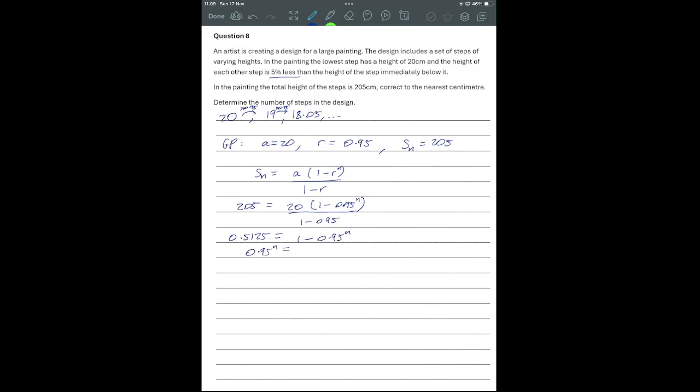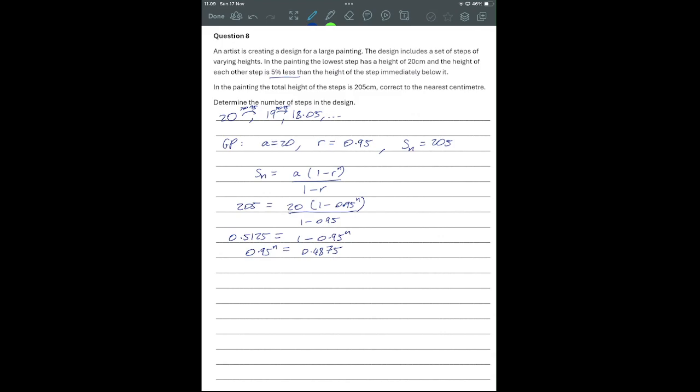Move the power and the 0.5 thing to opposite sides. It's 0.4875. Just making sure as I'm doing this I'm not making any unfortunate errors. So I'm just double checking a couple of my calculations because these numbers do look a little bit awkward.